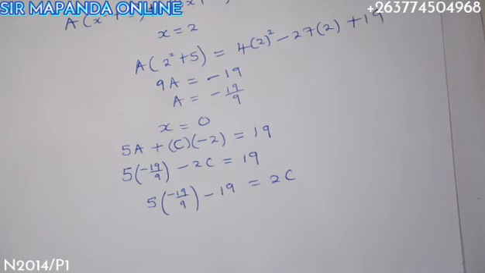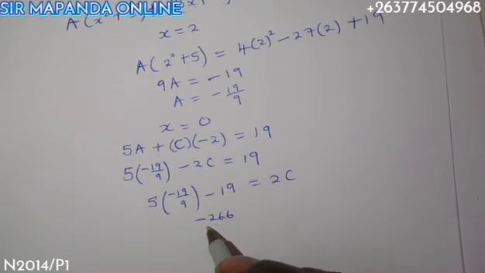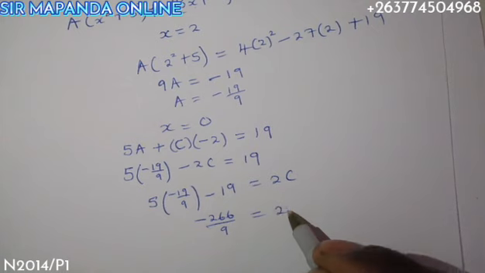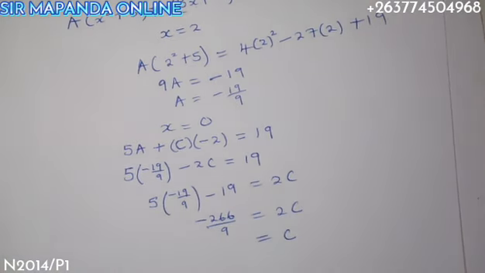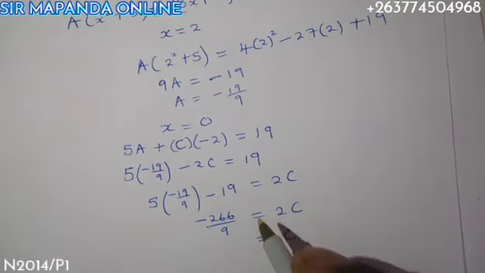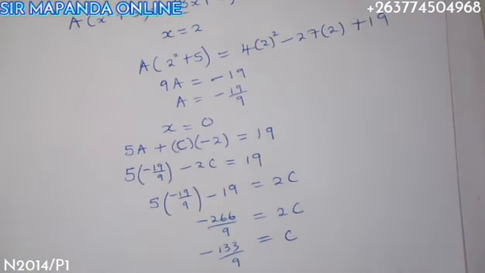So let me punch this in my calculator: 5 open bracket minus 19 over 9, then minus 19, what do you get? Minus 266 over 9 is equal to 2c. So divide both sides by 2. It gives you minus 133 over 9 is c.